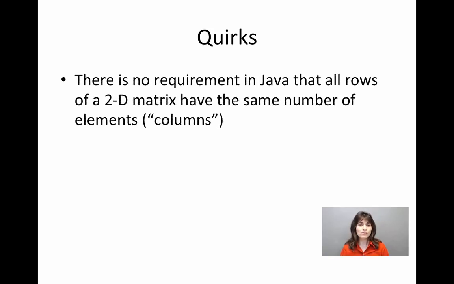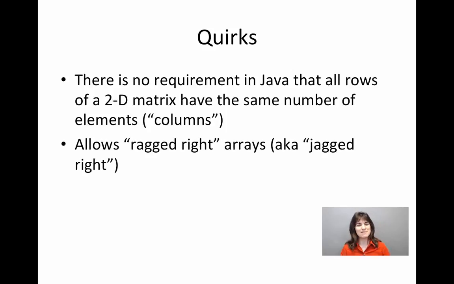Each row could have as many elements as it likes, since the rows are completely independent of each other. This creates a very interesting shape if you try to visualize it. We could have matrix of 0 have 3 elements, matrix of 1 have 10 elements, matrix of 3 have 7 elements. If you visualize that, you will see that it creates a ragged shape.